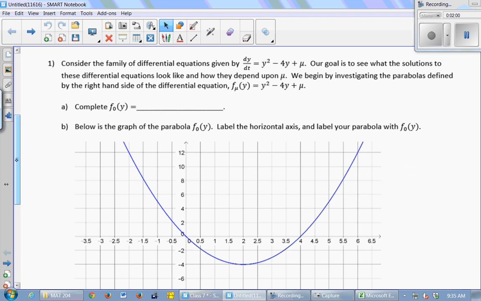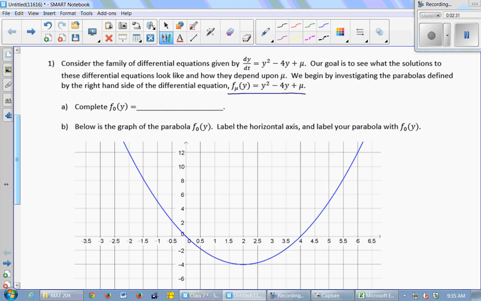Let's look at a family of differential equations: dy/dt = y² - 4y + μ. Here μ is our parameter, the thing that changes based on the situation we're modeling. Our goal is to see what the solutions look like and how they depend on μ. We'll start by investigating the parabolas defined by the right-hand side, f sub μ of y.